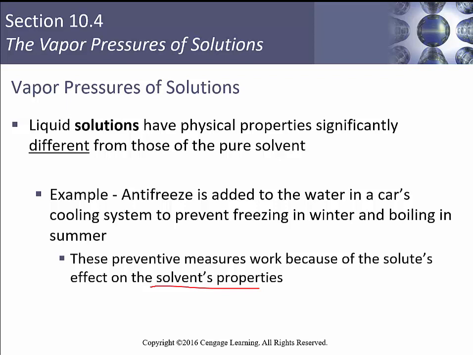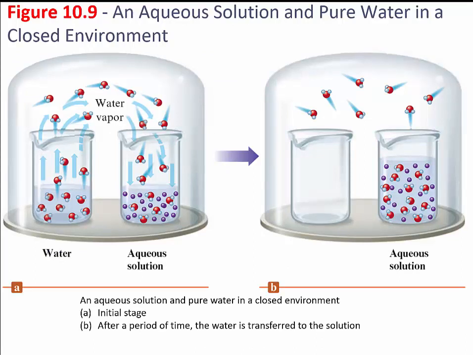Right? So if we look at pure water and an aqueous solution in a closed environment, you're going to have an exchange of some of this water. What's going to happen is nature kind of wants to seek a balance here, and it can't move some of whatever was dissolved over to the other side.